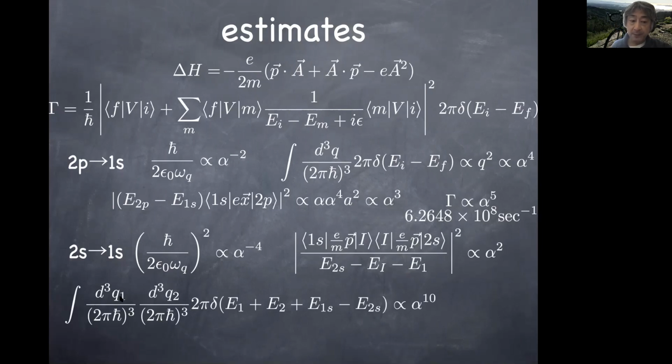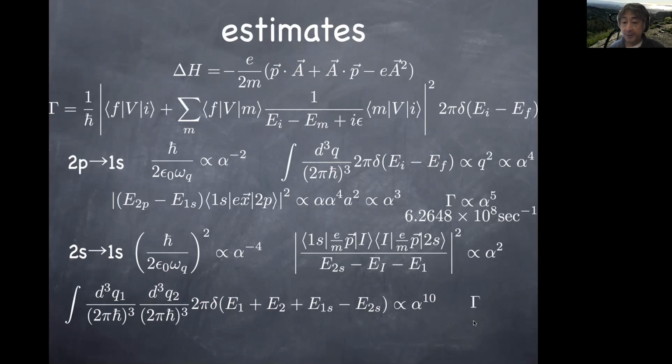So I have 3 powers of Q here, 3 powers of Q there. The overall energy conservation would remove 1 factor of Q, but I still have 5 powers of Q left. And each Q is the energy of the photon, so that goes like alpha squared. So you end up with 10 powers of alpha at the end of the day.